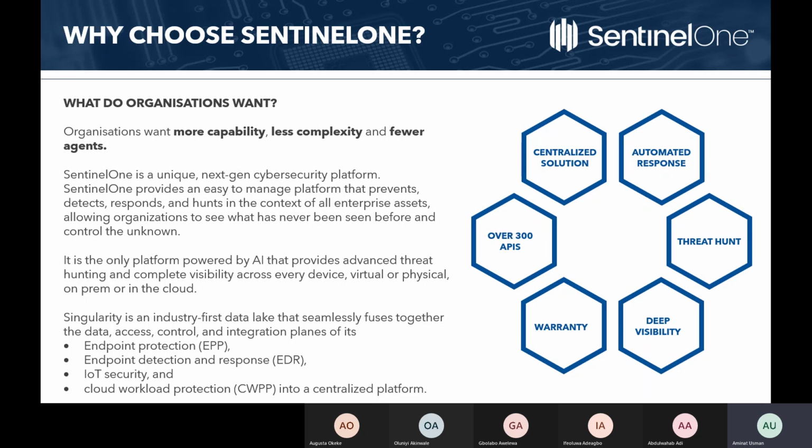That's what most organizations are looking for, and Sentinel One is able to provide that with a centralized solution that is able to seamlessly use together endpoint, IoT security, and cloud workload protection. I think this is what makes Sentinel One stand out, because of the ability to seamlessly fuse together all these data, access control and integration planes of EPP, EDR, IoT security, and cloud workload protection.